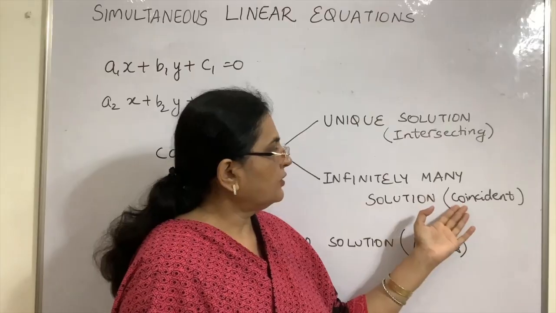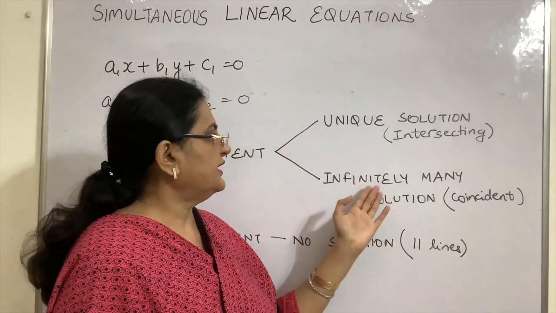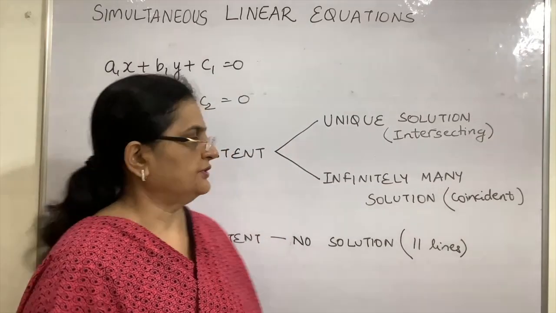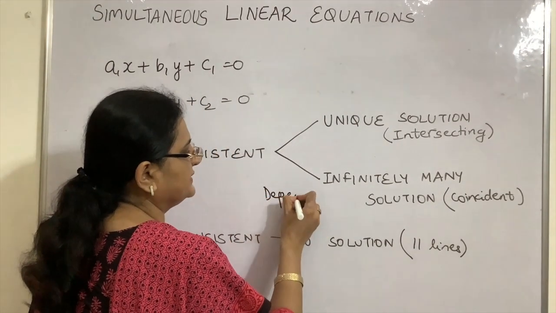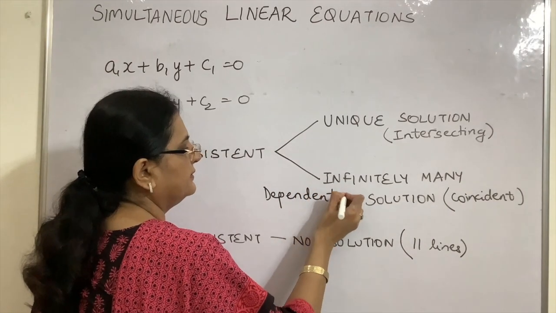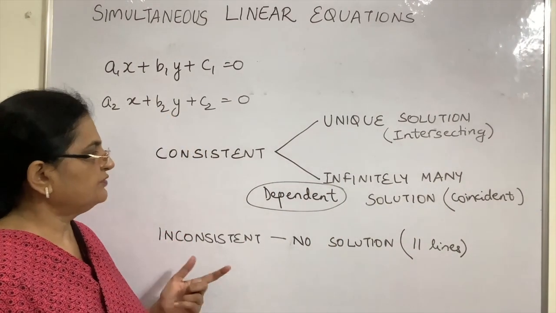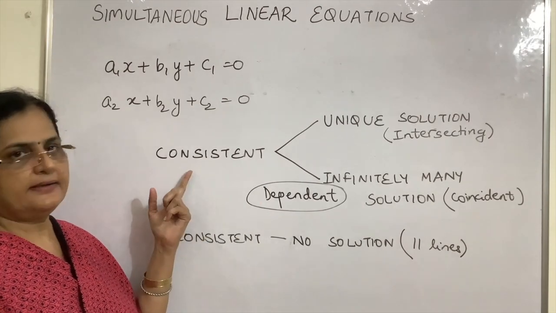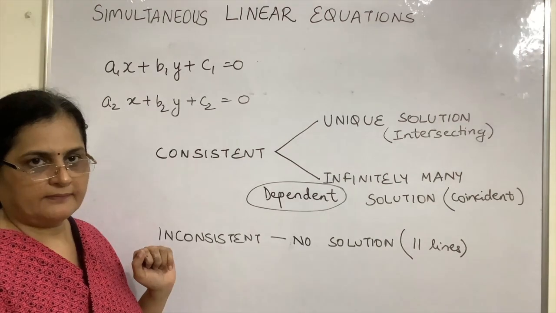If they coincide one on top of the other, that means they have infinitely many solutions, and such lines are also known as dependent lines. So you can be asked to prove that the lines are dependent and consistent or only consistent.